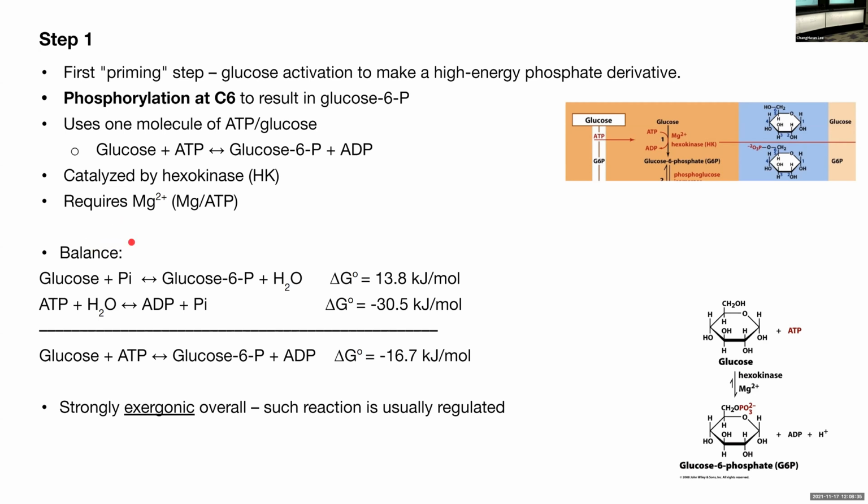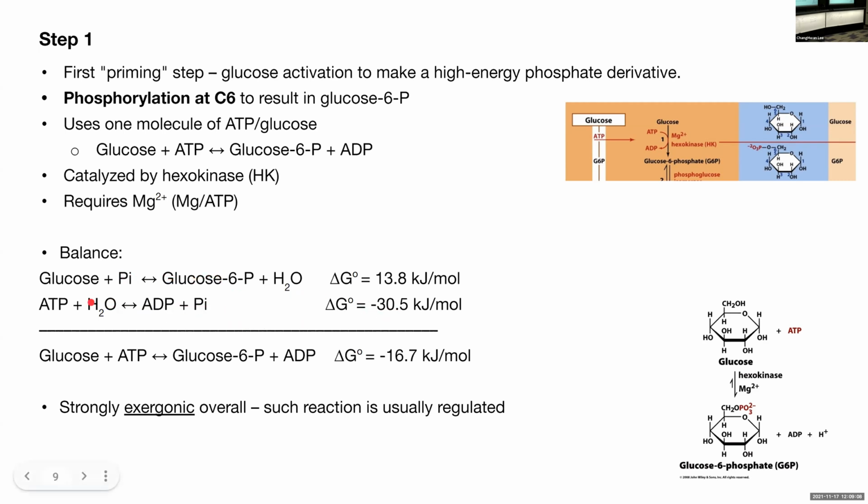The energetic balance for this reaction: glucose gets the inorganic phosphate to become glucose 6-phosphate, which has a delta G naught value of 13.8. It's a positive value, meaning that it's endergonic. So it's not going to happen spontaneously. It's not favorable. But this reaction is coupled to ATP hydrolyzed into ADP, which is, again, spending energy, using energy to drive this reaction forward.